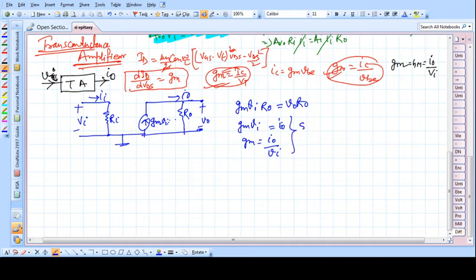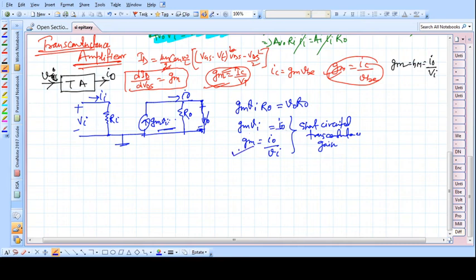So this one is considered the short circuited transconductance gain. Once again I am repeating: when it is short circuited, the current will flow from this side, so Gm Vi is simply I naught.